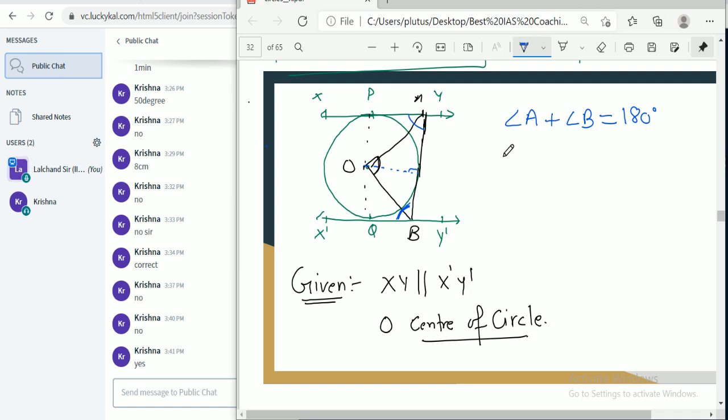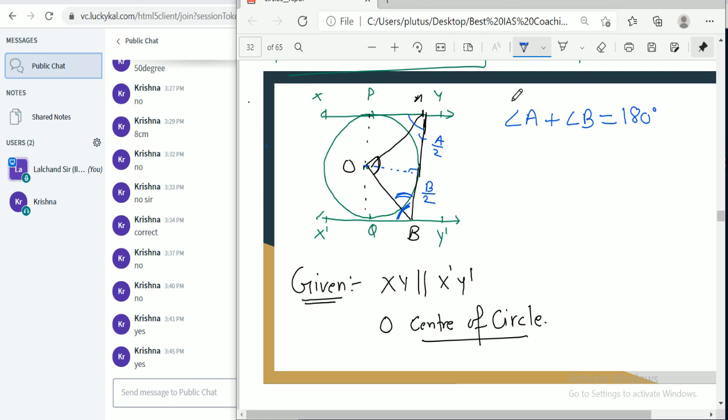Are you getting this equation, Krishna? Angle A plus angle B equal to 180 degree. Now we know this is the bisector of this angle. So this angle is A by 2 and this angle is B by 2, isn't it?